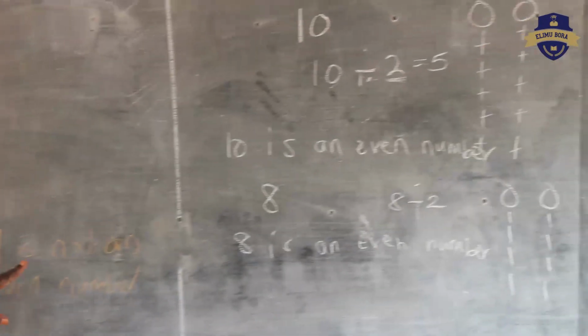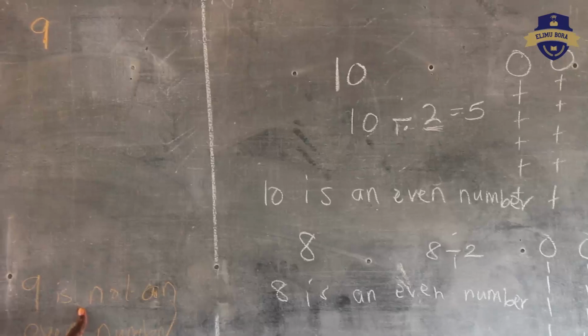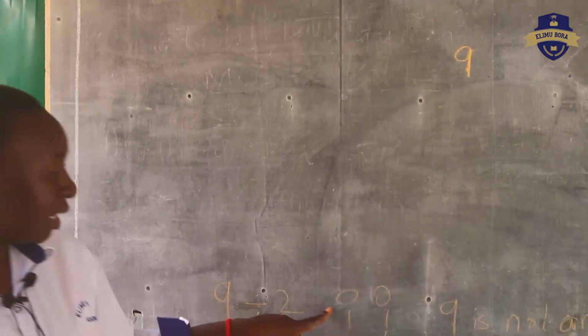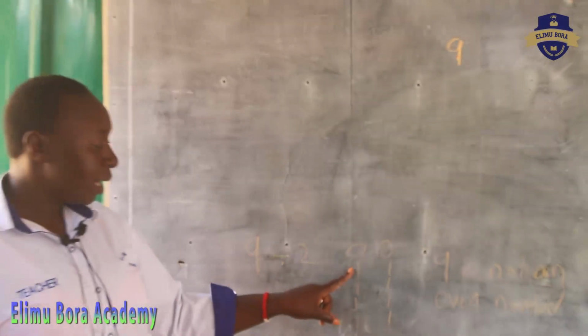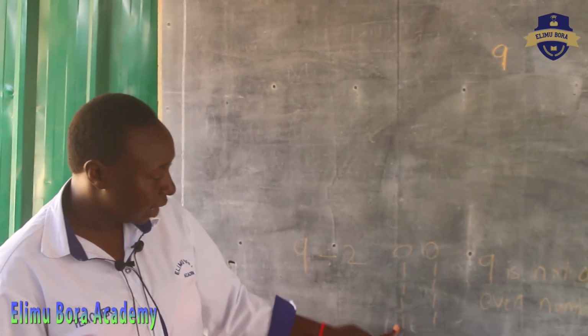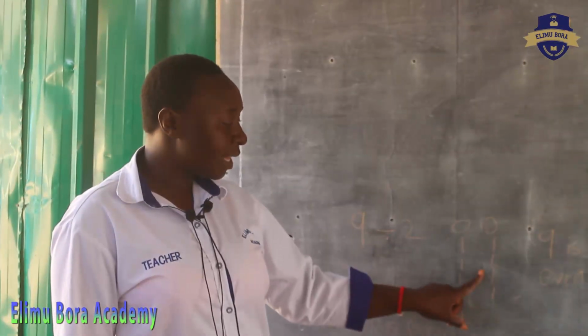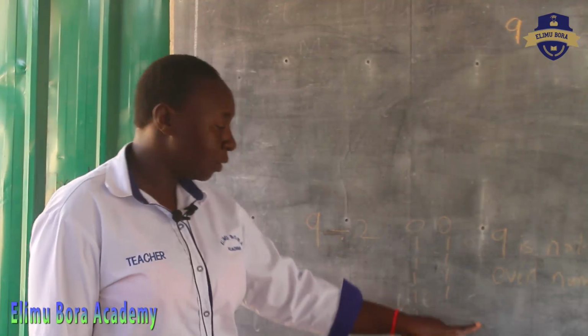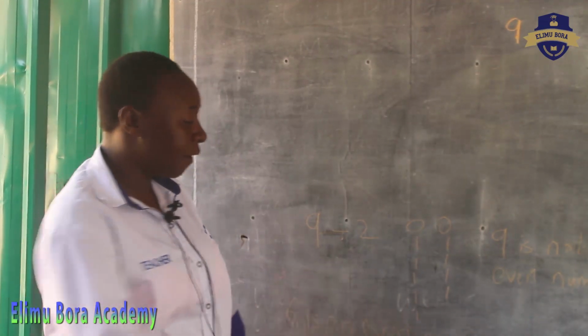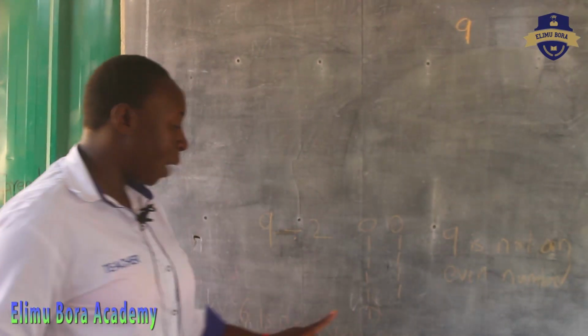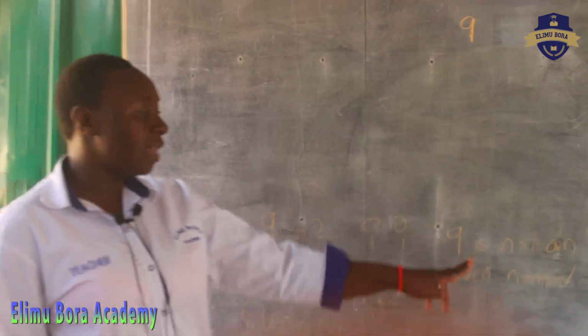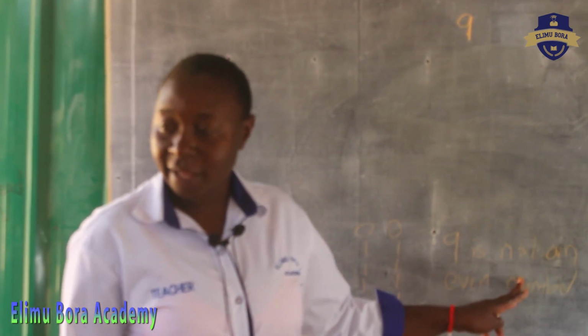She's saying that 9 is not an even number. She divides 9 by 2. One child is getting 4 fruits, the other child is getting 4 fruits. Then we remain with 1. 1 is a remainder. So she says 9 is not an even number.